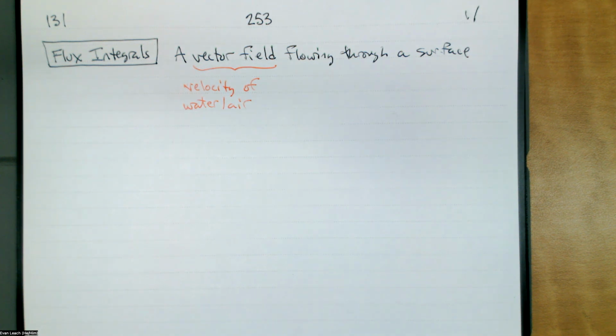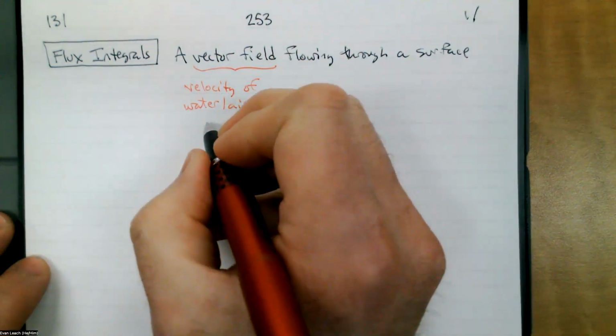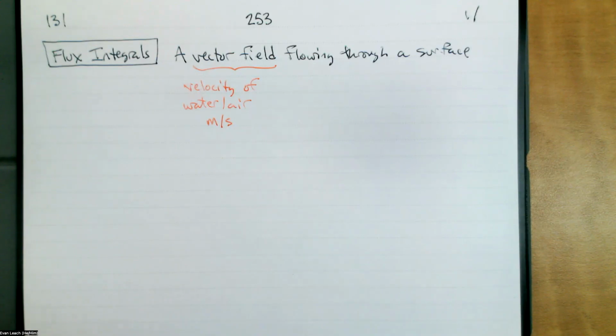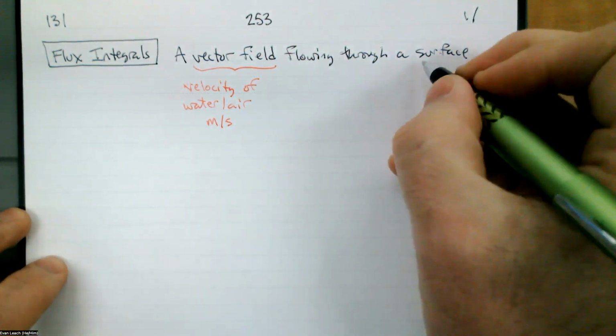This could be measured in, say, meters per second, and is flowing through a surface, which is some area in square meters.